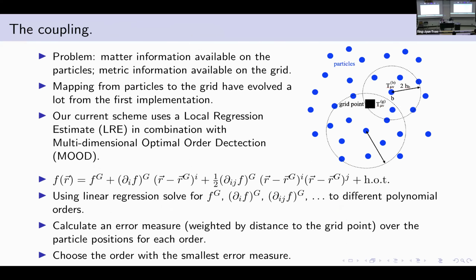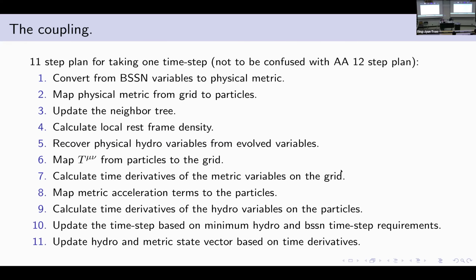Yes, that is why we first map only the metric to the particles, and then we can calculate the stress energy tensor. We map that to the grid, and then we can evaluate all of those quantities, and then we can map the gravity acceleration terms to the particles, and then we can evaluate the right-hand side for the hydro. So we have to do it in this order in order for things to work.